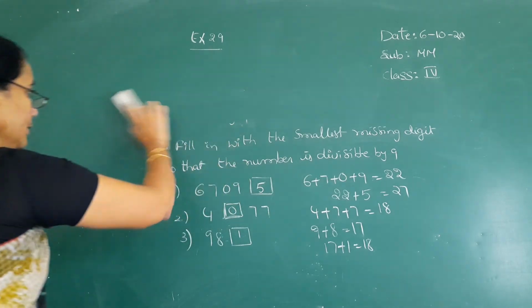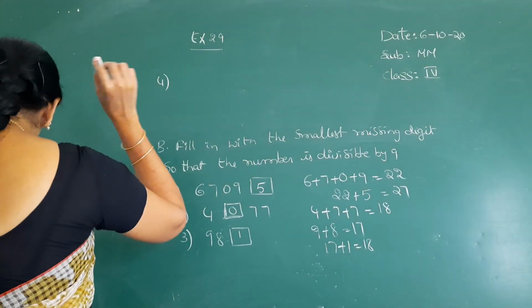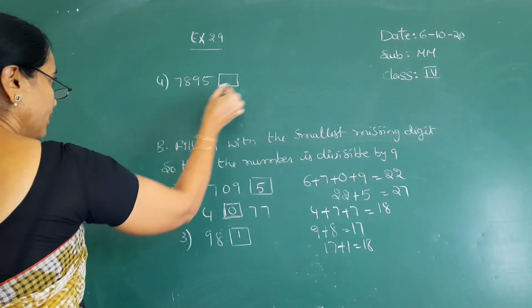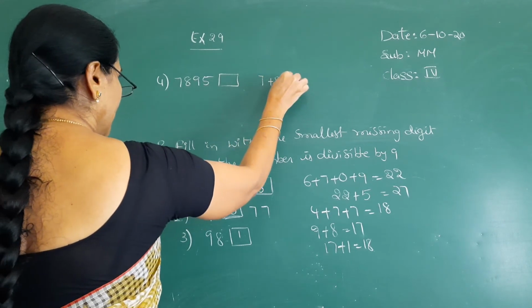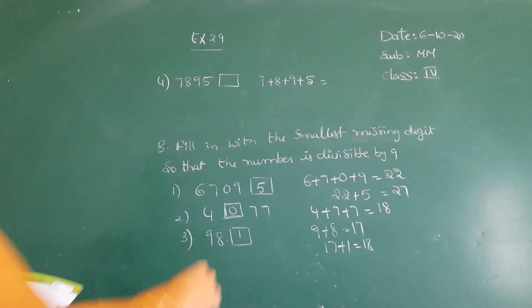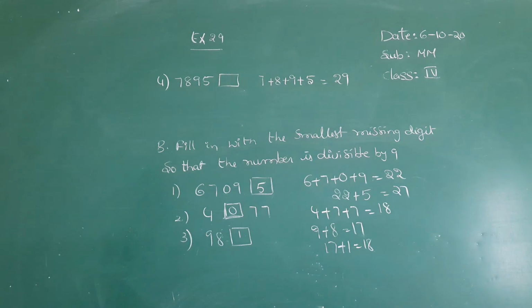See the next number, the fourth one: 7 8 9 5 box. 7 plus 8 plus 9 plus 5: add it, 15, 20, 29. Now the number that comes after 29 that is divisible by 9, we have to read the 9 table. 9 threes are 27, 9 fours are 36.